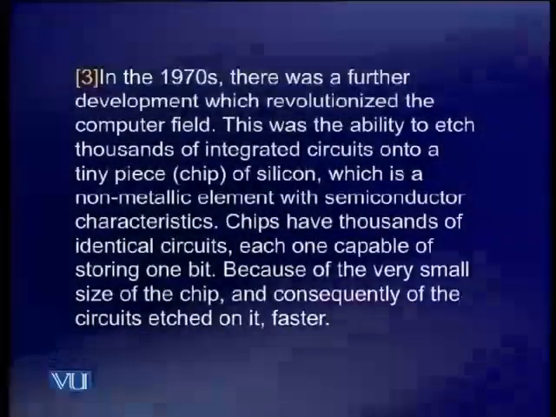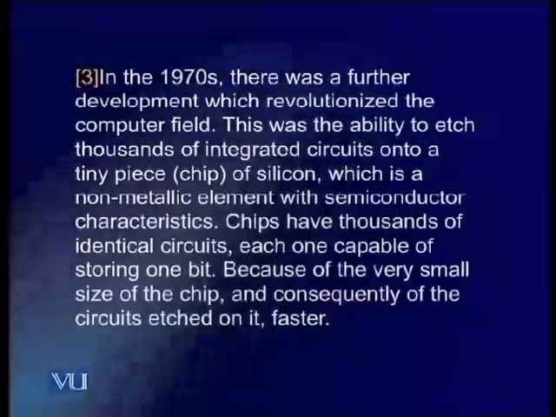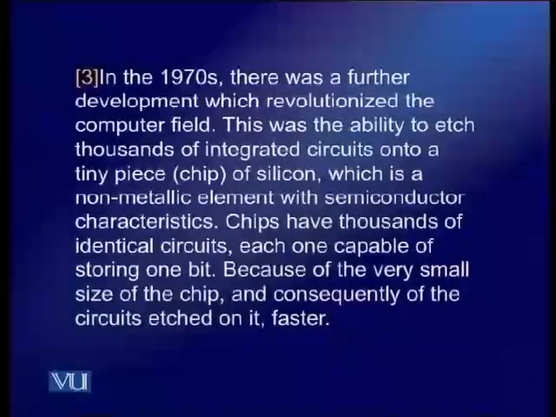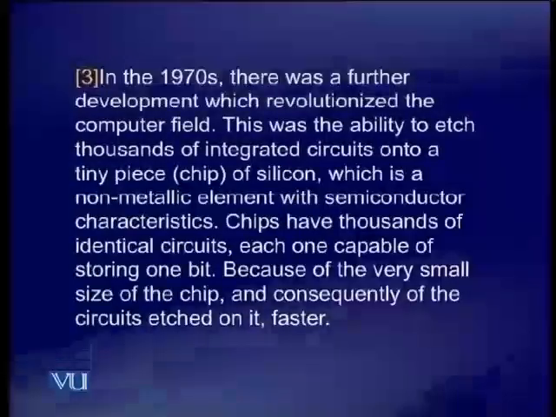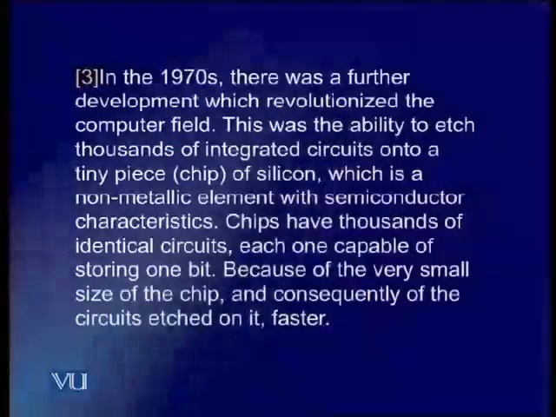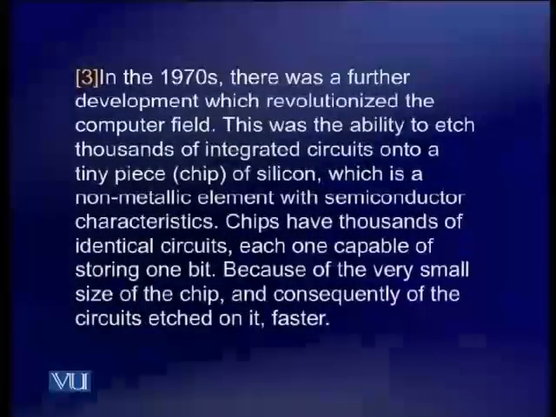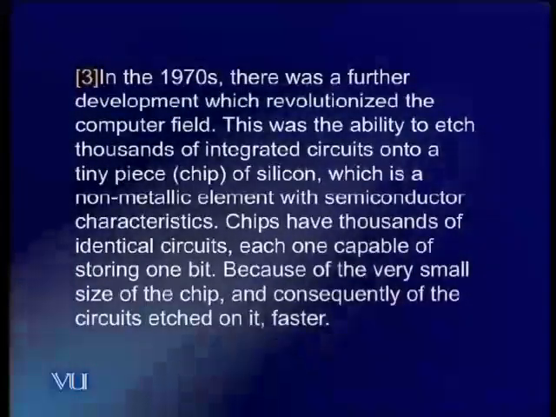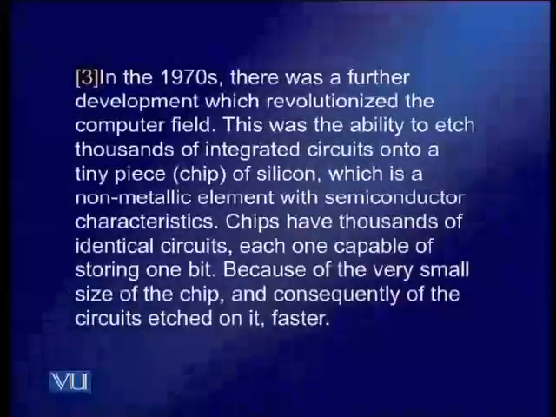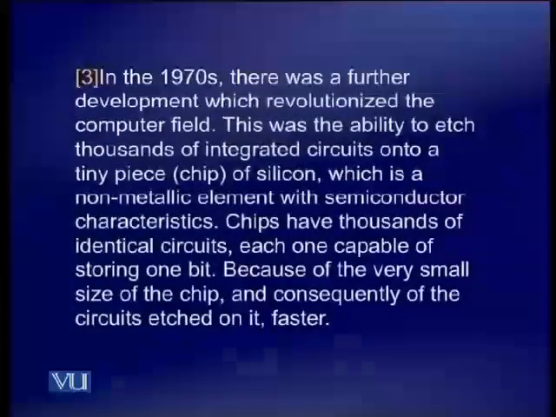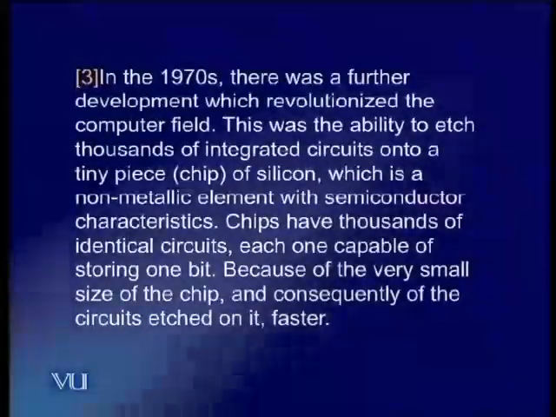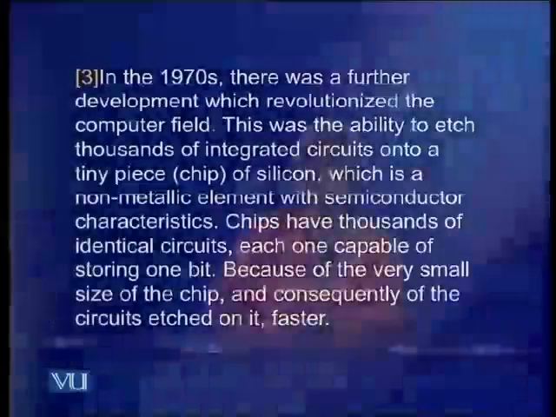This was the ability to etch thousands of integrated circuits onto a tiny piece, that is, the chip, a tiny piece of silicon, which is a non-metallic element with semiconductor characteristics. Chips have thousands of identical circuits, each one capable of storing 1 bit.